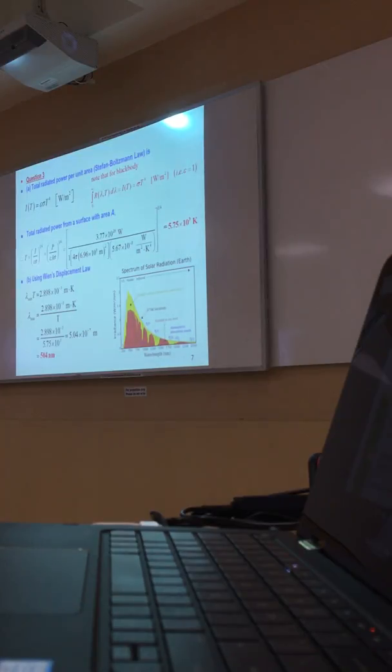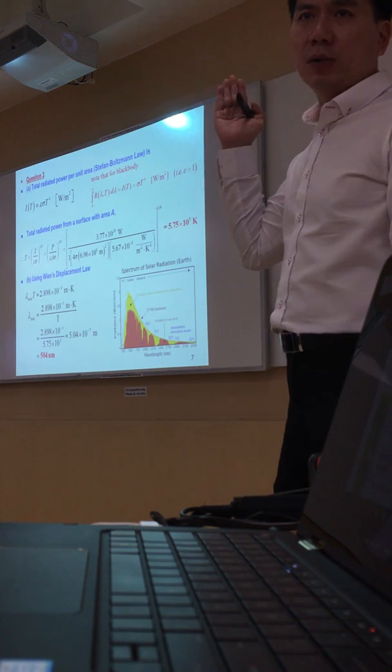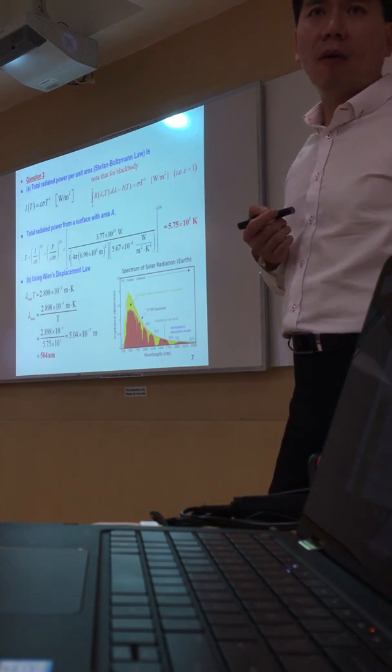What we can immediately notice is that the total output power, and when I say total, it means across all wavelengths, from wavelength equal to 0 to infinity, the whole spectrum, is a function of T to the power 4. What does it mean? It means that when you heat up an object, the total intensity you can collect from this object increases very fast with temperature, at the rate of T to the power 4.